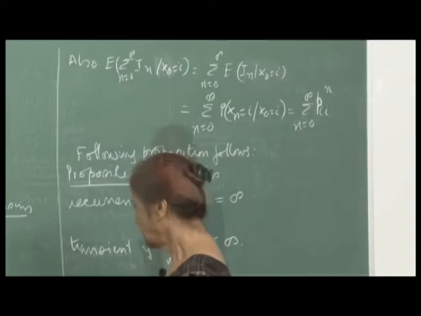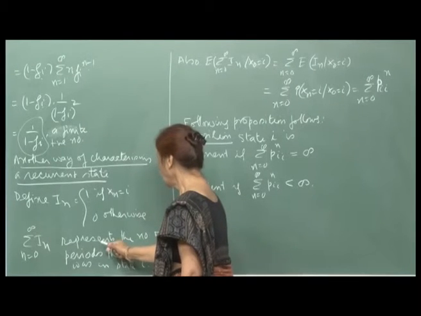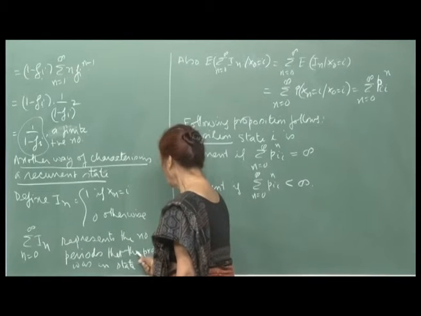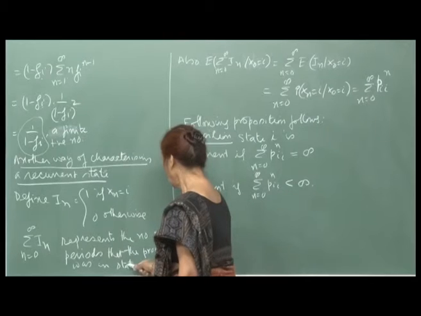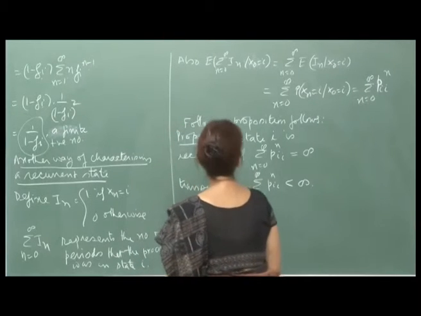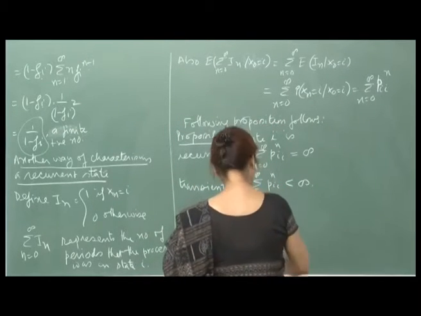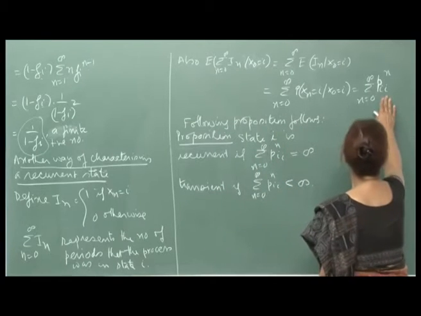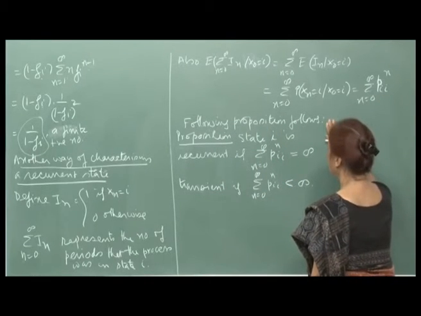So, sigma I n, n varying from 0 to infinity, represents the number of periods that the process is in state I. Once you have computed this, then a proposition immediately follows.